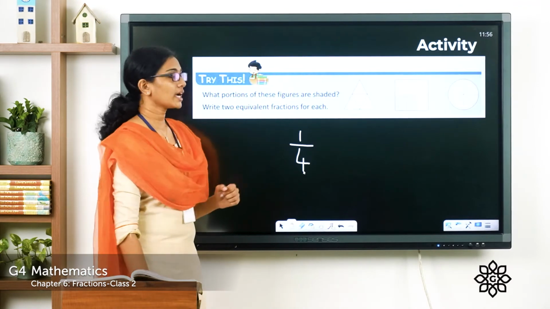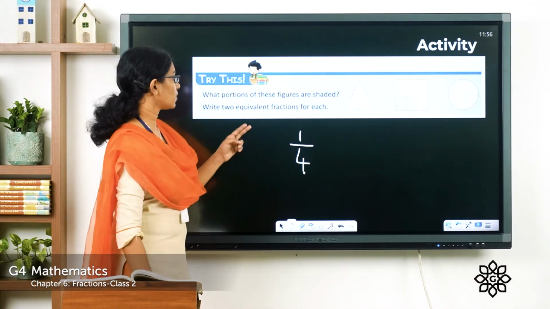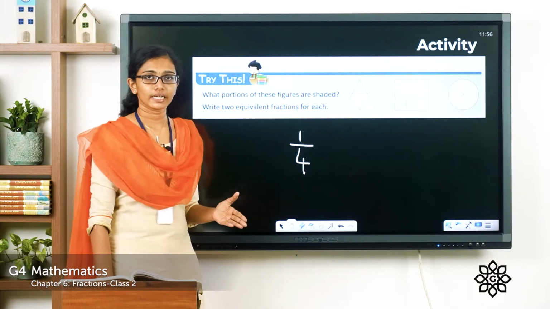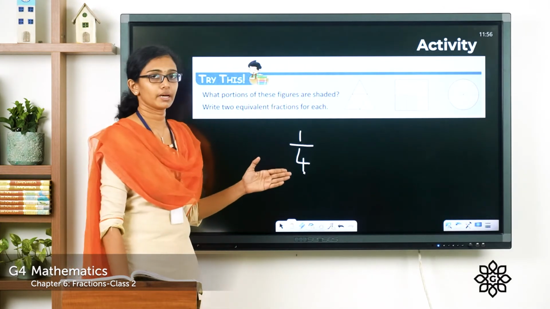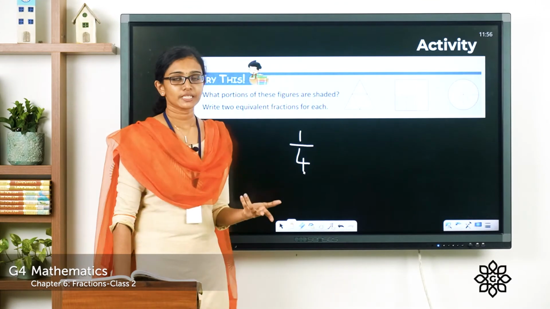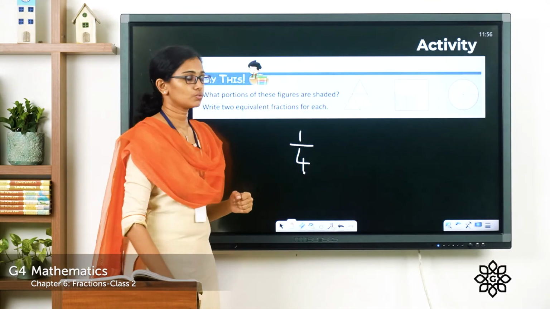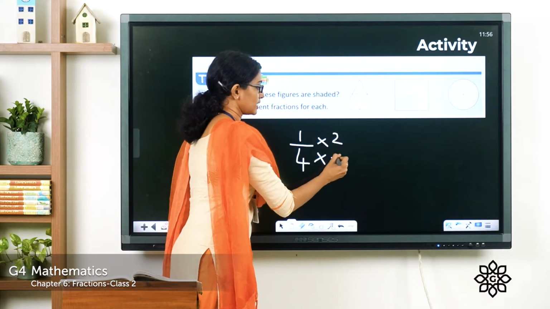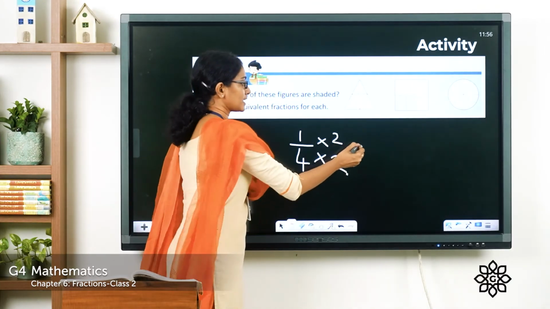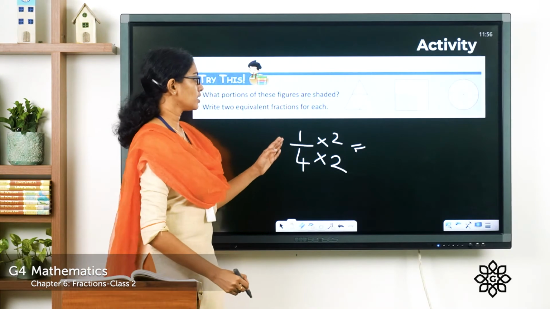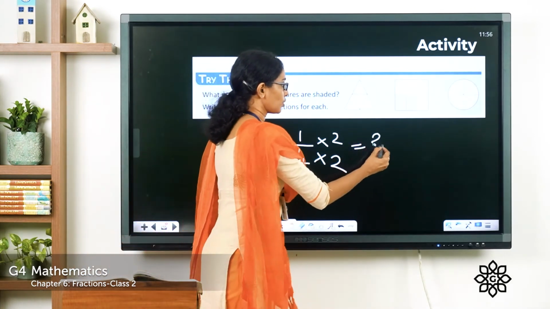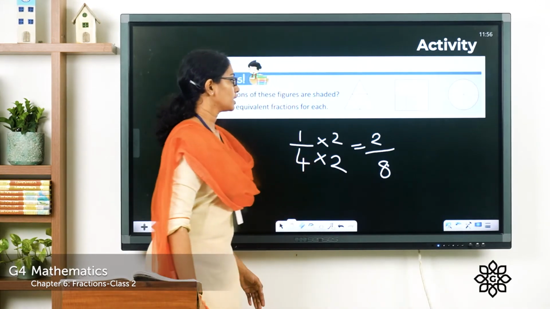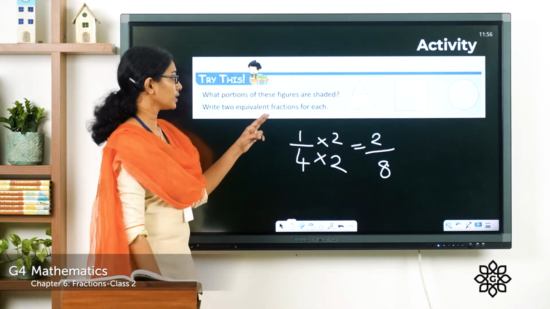Now, you have to write two equivalent fractions for this fraction. So let's multiply both the numerator and the denominator with the same number. So shall we multiply with 2? So I'm going to multiply the numerator as well as the denominator by 2. So that gives us the equivalent fraction, 1 into 2 is 2, 4 into 2 is 8. Now we are asked to find out two equivalent fractions.